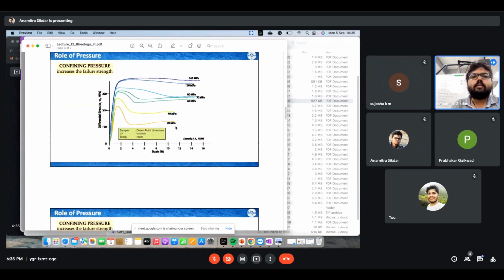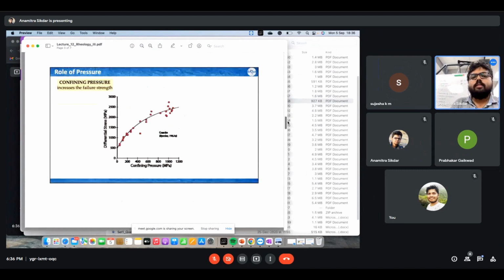So if you increase the confining pressure, the material will feel more compact. The confining pressure is just to replicate the depth of the sample where it is present. So if you increase the pressure, the sample will go deeper inside the earth, and then if you deform the sample, this is how the failure curve looks.